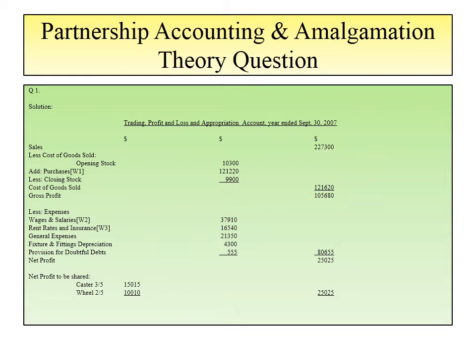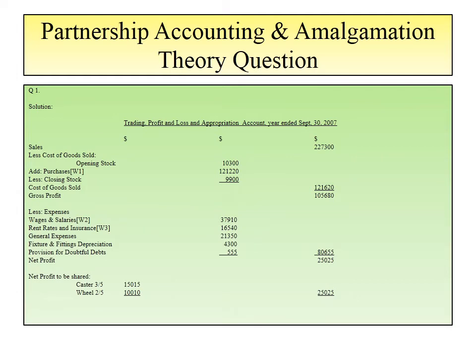Rent, rates and insurance has some additional information, and the total for it is 16,540. General expenses are given. Fixture and fittings depreciation cost is given, and the provision for doubtful debt is also given. If we add these expenses, we get an amount of 80,655, and from gross profit this amount is deducted and we get the net profit.